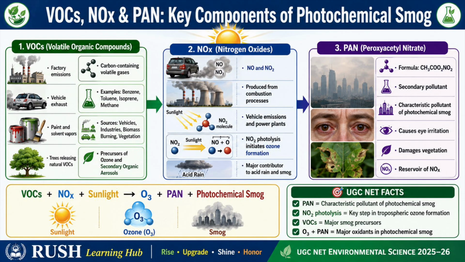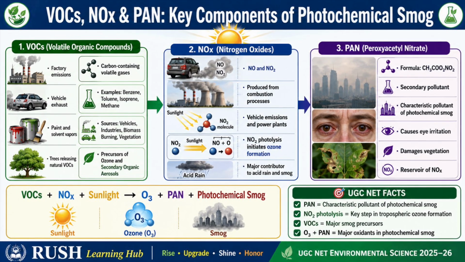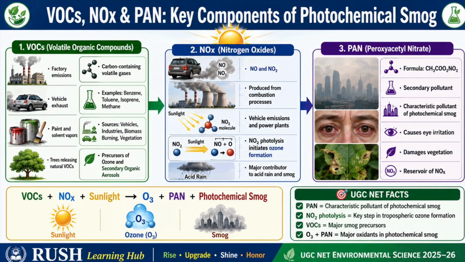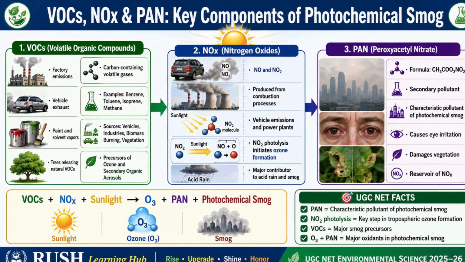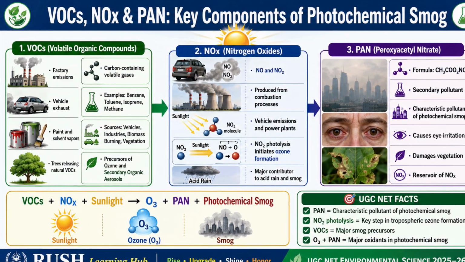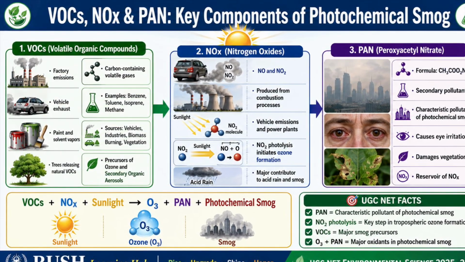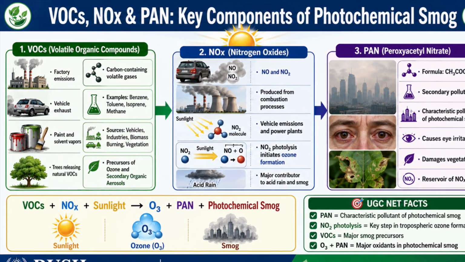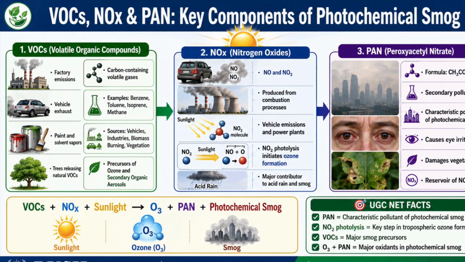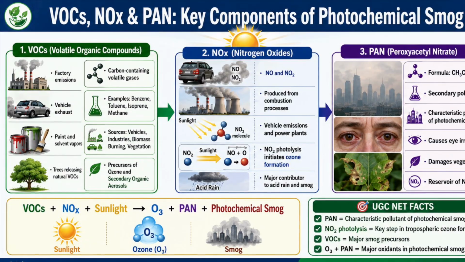Now let us move to nitrogen oxides, commonly called NOx. The term NOx mainly refers to two gases: nitric oxide, represented as NO, and nitrogen dioxide, represented as NO2. These gases are produced primarily during high-temperature combustion processes.